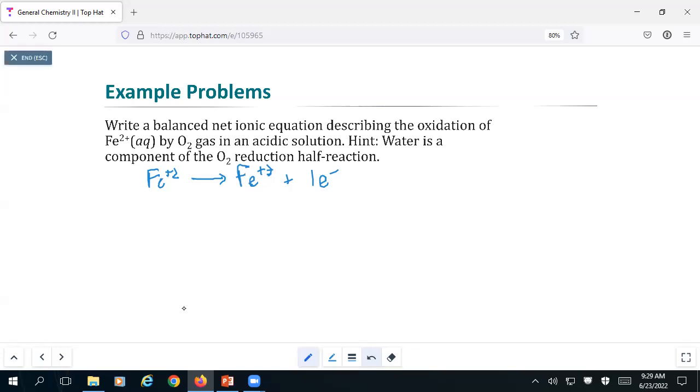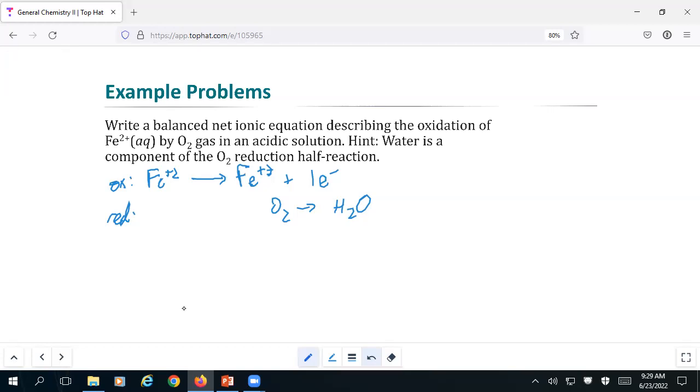Now, the other thing that we want to do, so obviously this is the oxidation half reaction. For the reduction half reaction, we're talking about oxygen, and the only hint that they give us is that water is a product. Well, let's take that and use it.